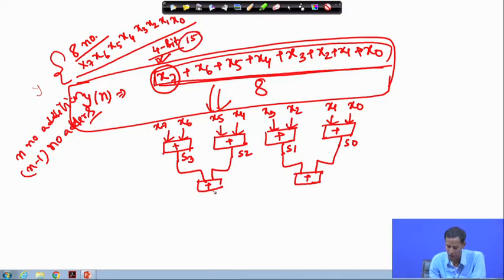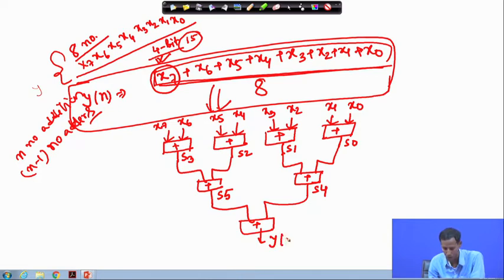Okay. Then what will I get? I will get S5 and S4 over here. Then again these need to be added. So, if I consider n as 8, this is my final output.